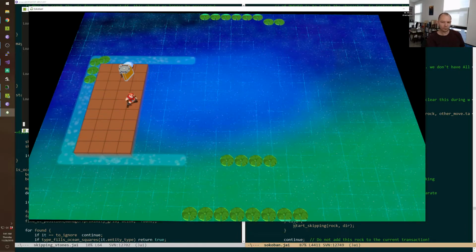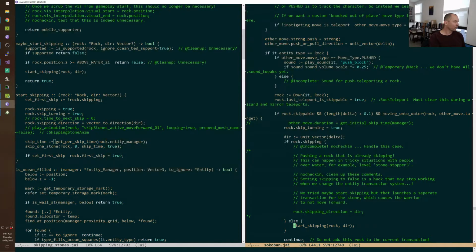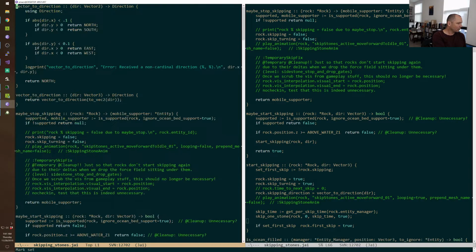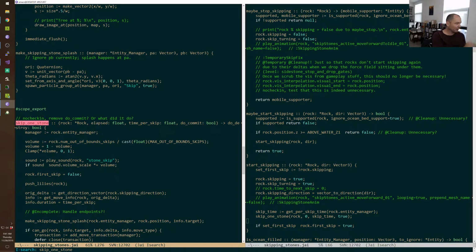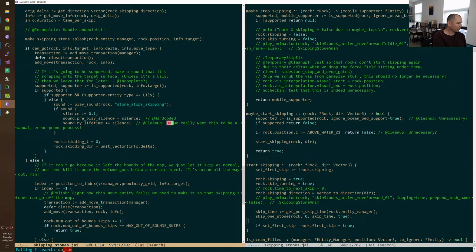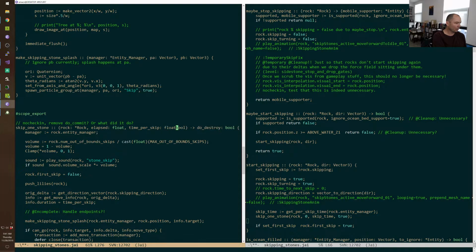Still feels better. So this do commit is not used anymore. That's the old movement system.